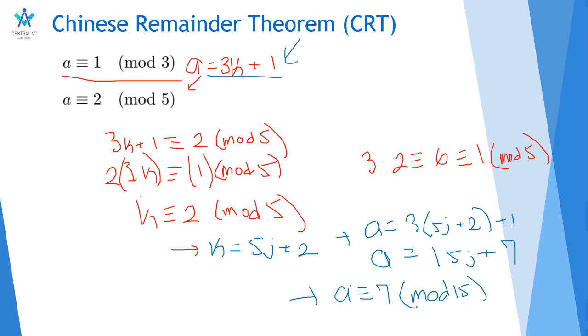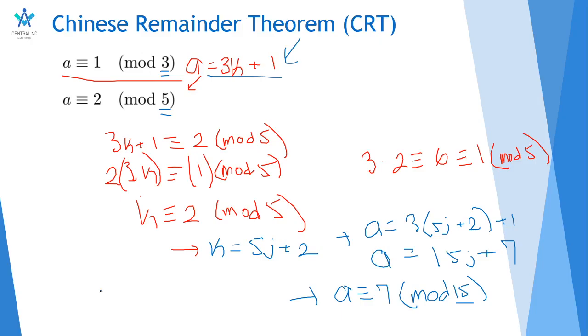Now there's probably some interesting things that you've noticed. One, this solution right here is the product of these two numbers, and that is not a coincidence. That is how you get the solutions of these systems of equations, since you have this 3 times 5j plus 2. Another thing to note is that the two numbers here must be relatively prime.